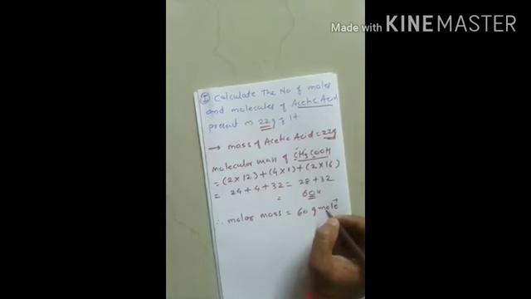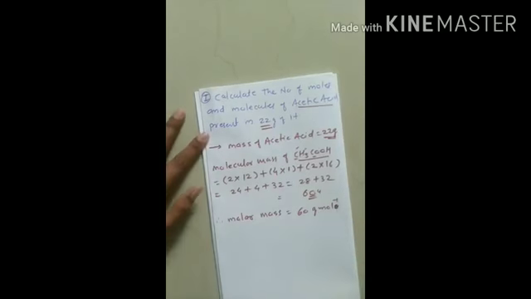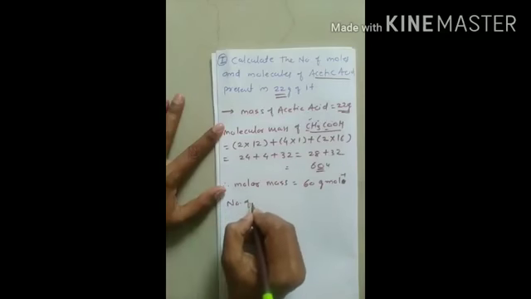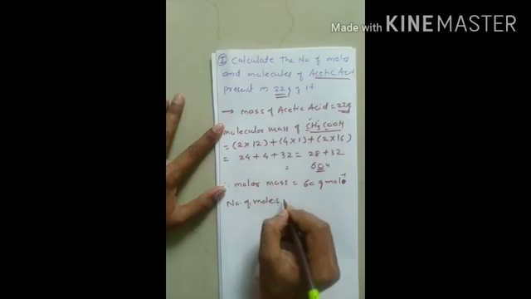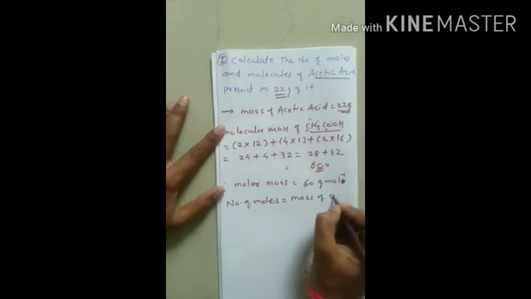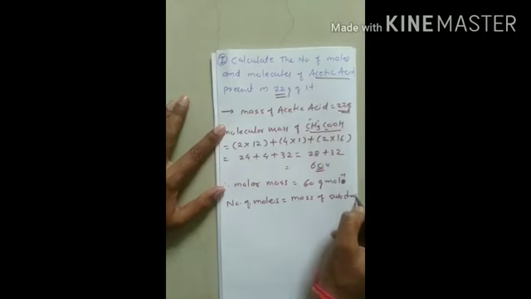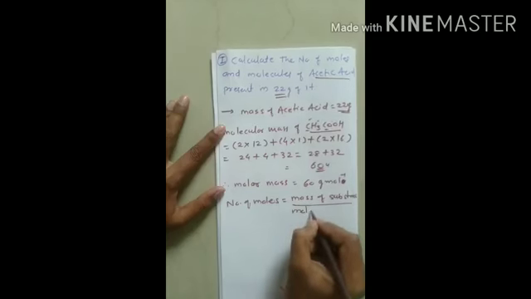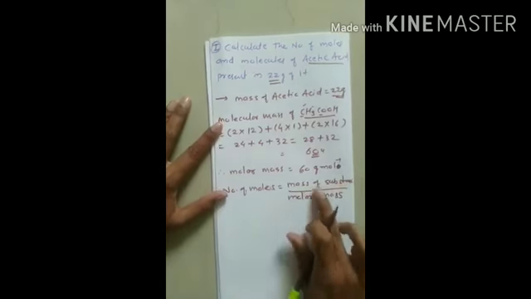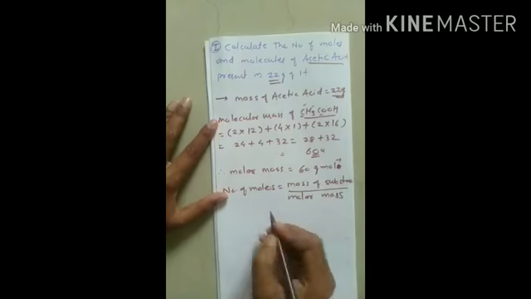So this is the molar mass, and once you get the molar mass, you use the formula number of moles equal to mass of the substance divided by molar mass, or you can write directly mass of acetic acid also. Okay, so this is the general way of writing the formula. More precisely, mass of the acetic acid divided by the molar mass of the same.